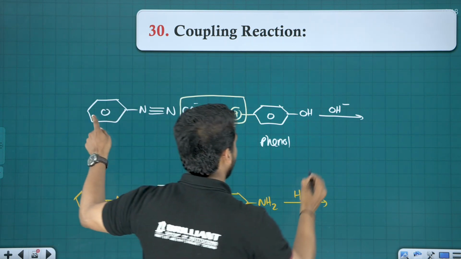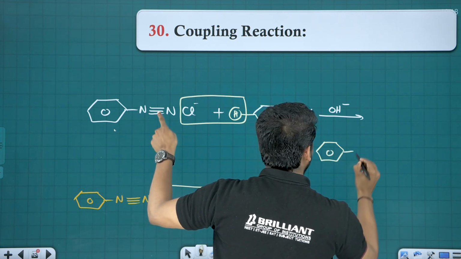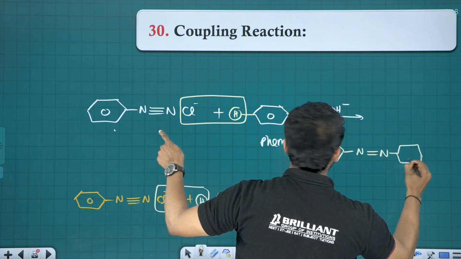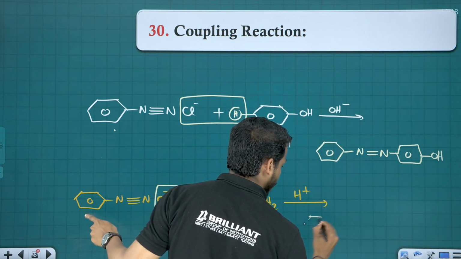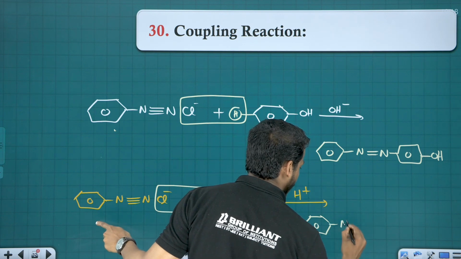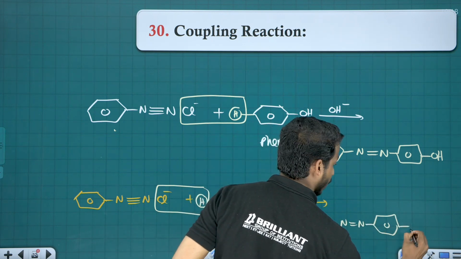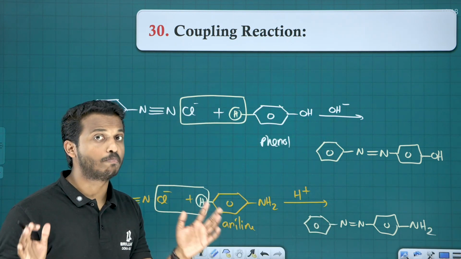So what do you get as the product, my dear? You will get benzene, and the triple bond becomes a double bond, N double bond N, and another benzene on which you have OH. Similarly, here benzene and N double bond N, another benzene, and here you have an NH2 group. The product name is important here.